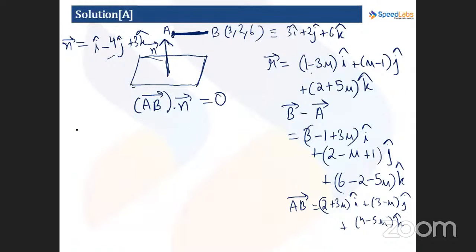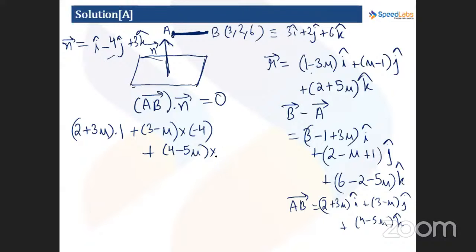So the dot product is (2 plus 3 mu) into 1 plus (3 minus mu) into minus 4 plus (4 minus 5 mu) into 3, and this should be equal to 0.